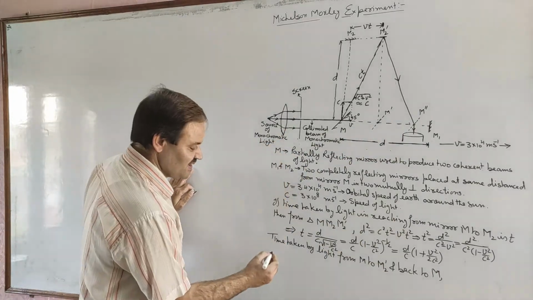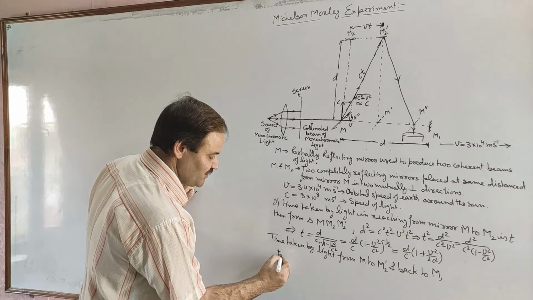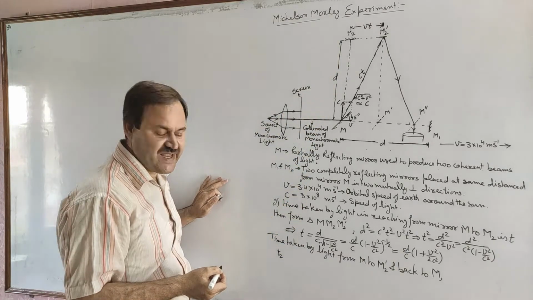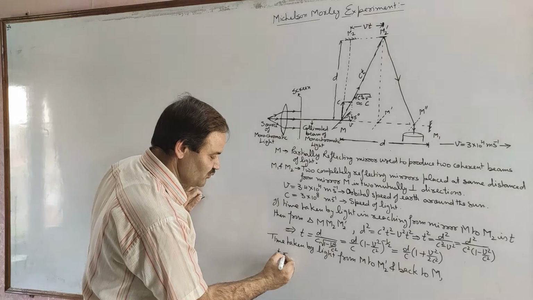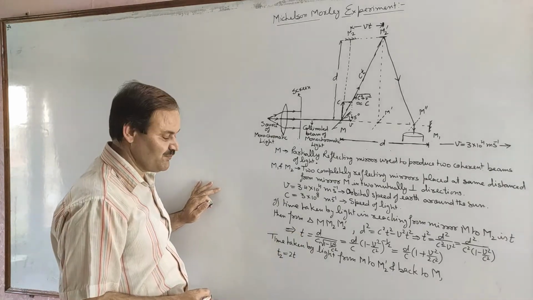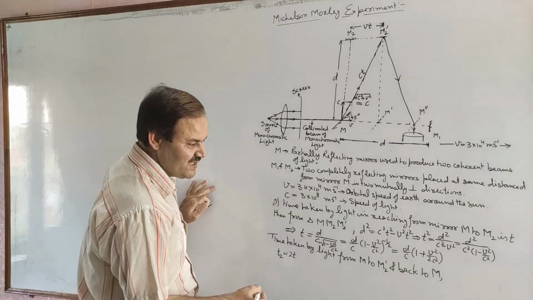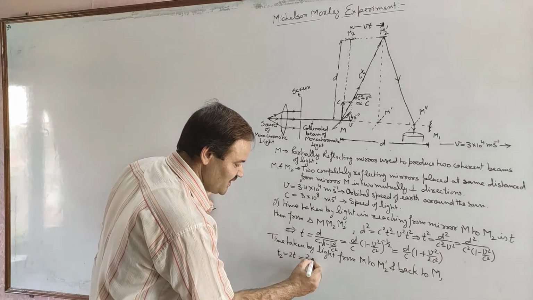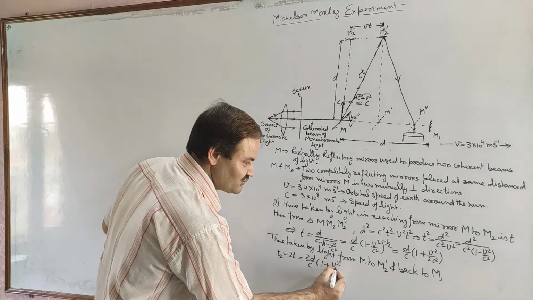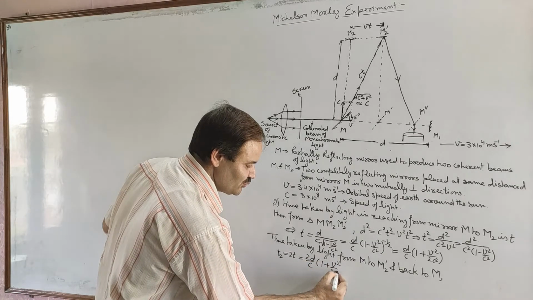This time say is T2, because it is the time for mirror M2. T2 will be equal to 2T, twice of this time, and twice of this time means 2D upon C into 1 plus V square by 2C square.